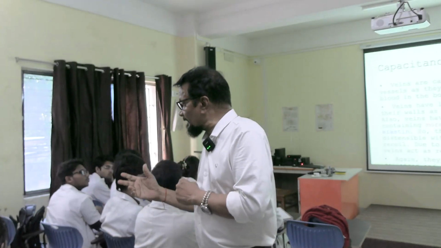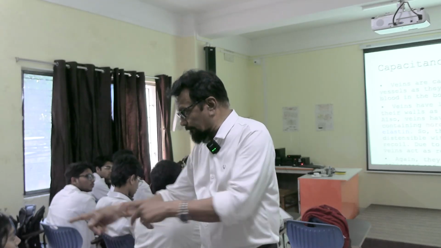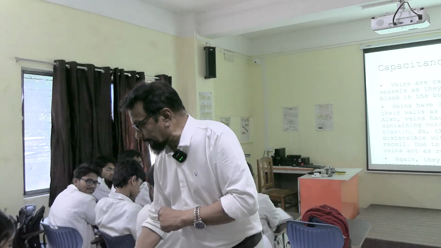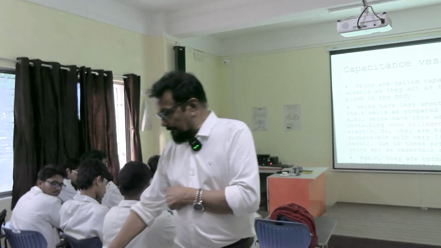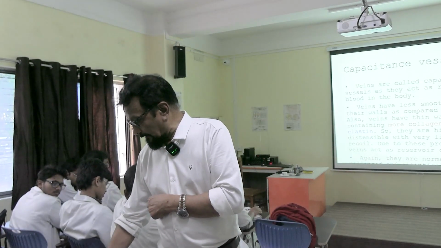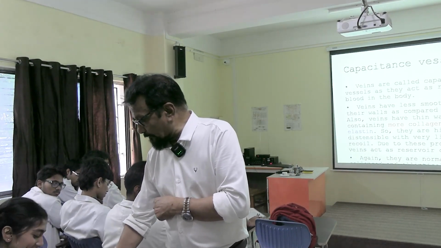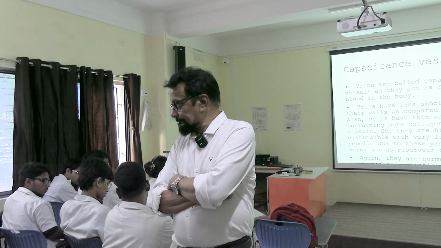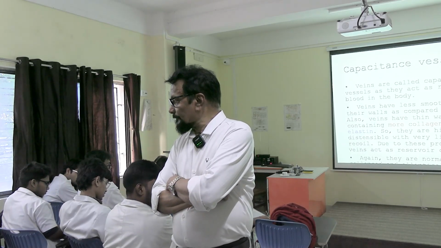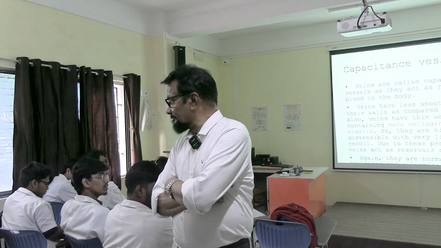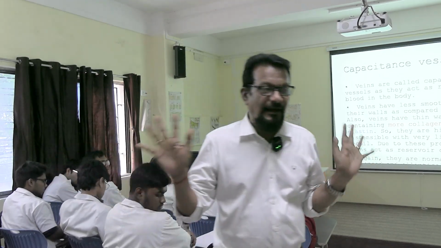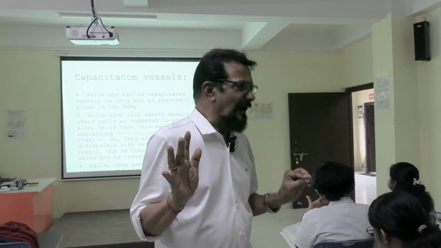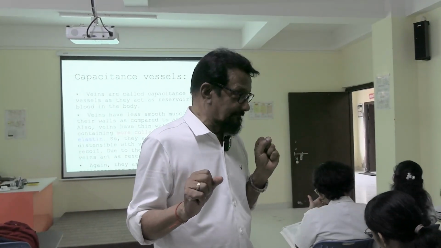If you have 50 kg weight, how much blood will you have? Divide 50 kg by 7. 4.9, 5 liters. Actually, we have roughly 5 to 6 liters of blood.